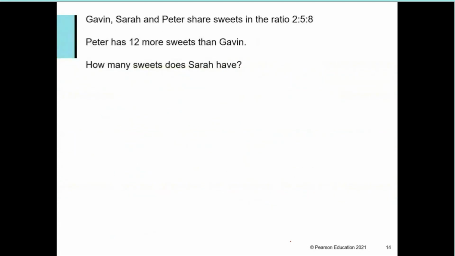Okay, now on the next one, if you've got your PDF in front of you, it says Peter has 15 more marbles. That just needs to change into a 12, please, if you've got the questions in front of you. This kind of thing works just as well, even if it's set up as a ratio of 3 parts. So again, we have a look and we see what we've got. We've got Gavin, Sarah, and Peter. So we're going to write down Gavin, Sarah, and Peter, and they're sharing in the ratio 2 to 5 to 8.